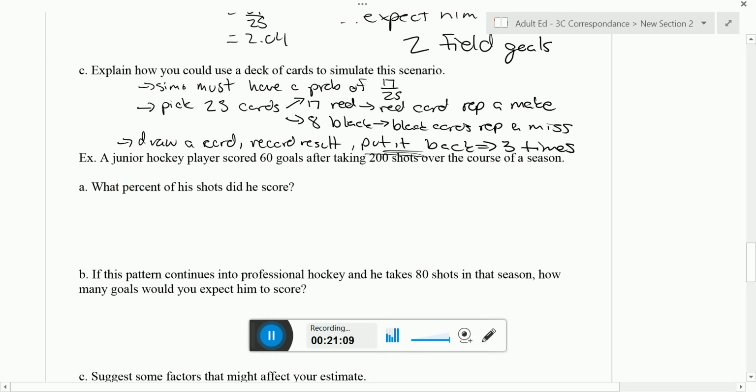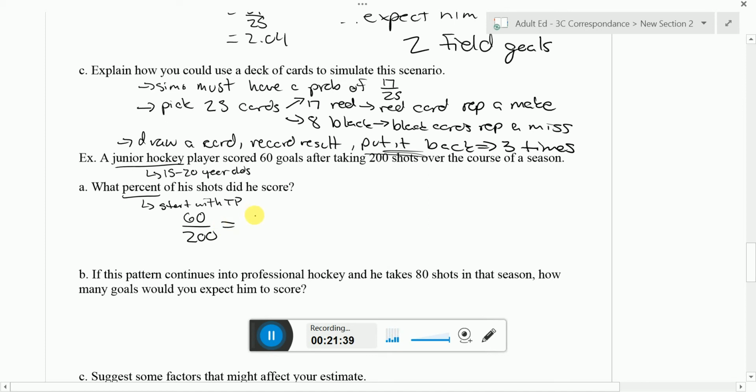So a junior hockey player, and junior hockey is usually 15 to 20-year-olds, scores 60 goals after taking 200 shots over the course of the season. What percent of his shots did he score? To find a percent, we start with the theoretical probability, which is 60 over 200.